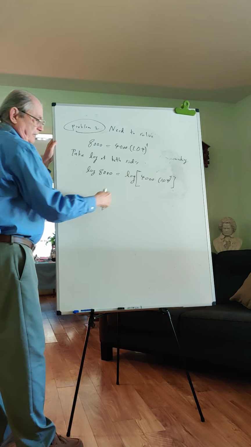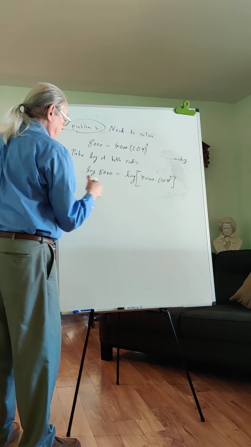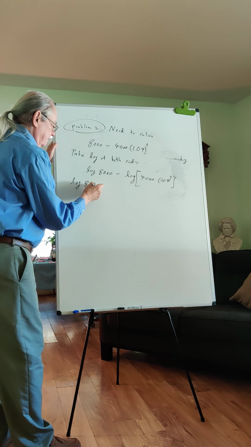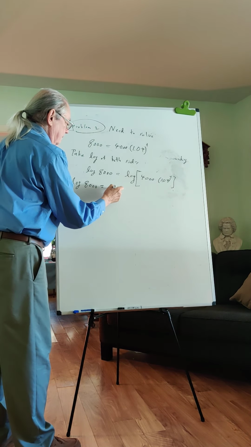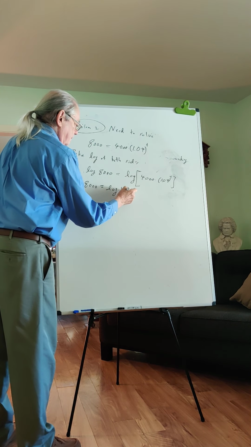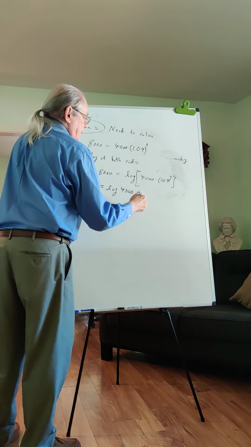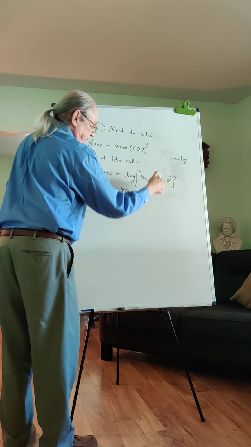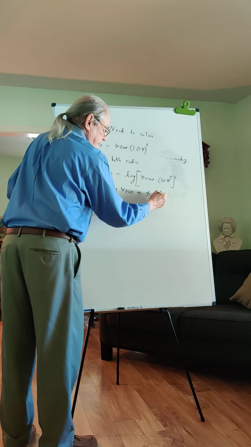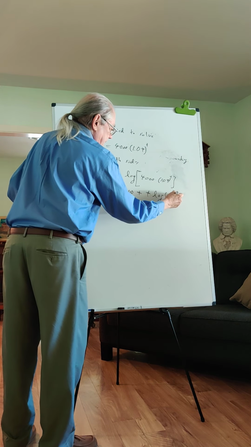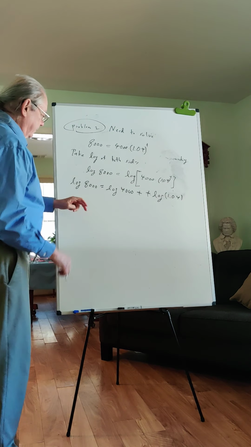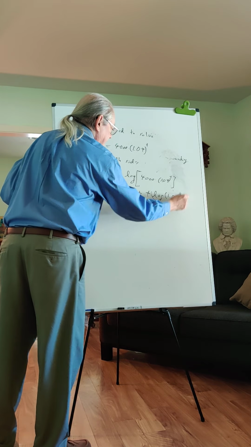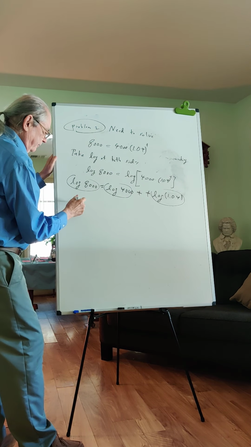Now we're going to simplify this so we have a product and a power. Okay, so the other term is log 1.04 to the power t. The t comes out in front. And we have our linear equation. We just have three numbers here. So we subtract log 4,000 from both sides.